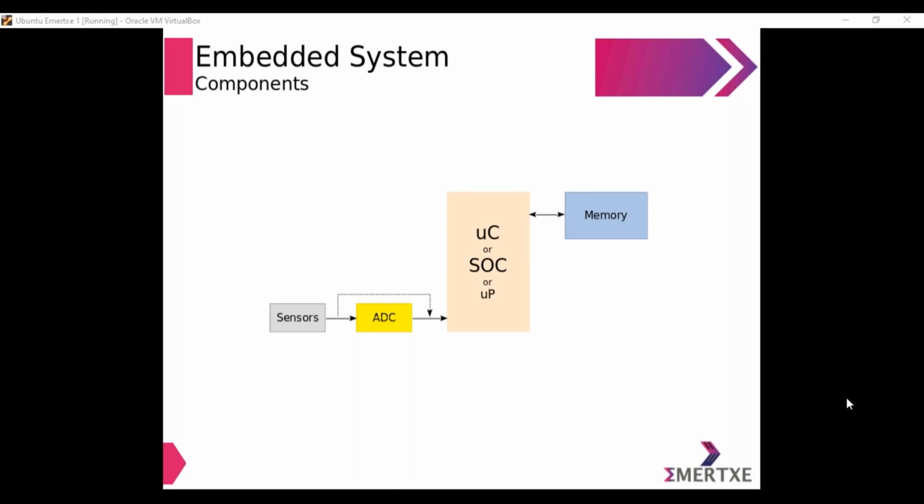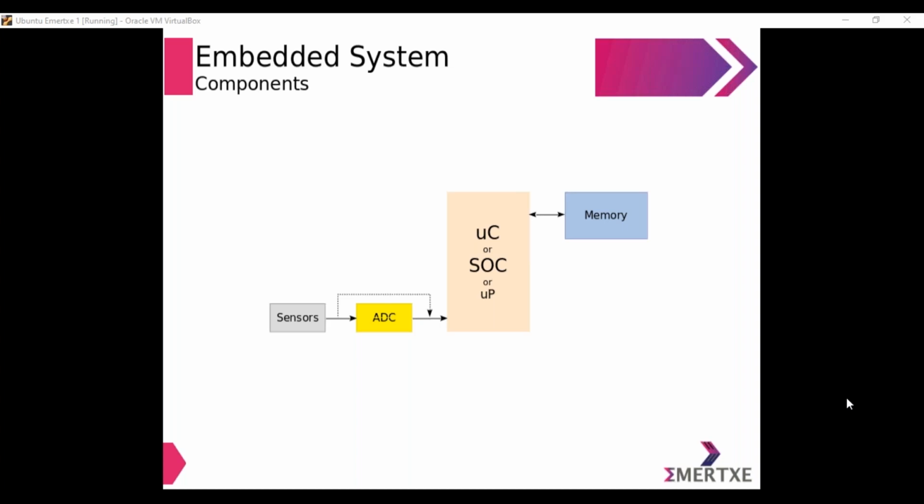So when sensors are sensing the signal and giving you an analog output, that analog output cannot be directly fed to a microcontroller or a microprocessor. So you may need an intermediate in between, called an ADC, which stands for analog to digital converter. So whatever analog value the sensors give has to be converted to a digital value, and then given to the microcontroller or the microprocessor.